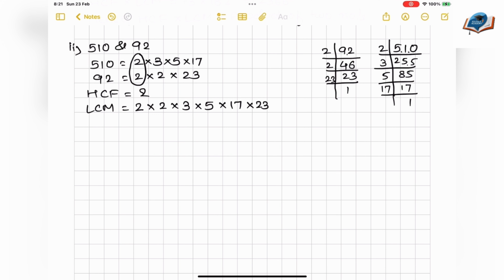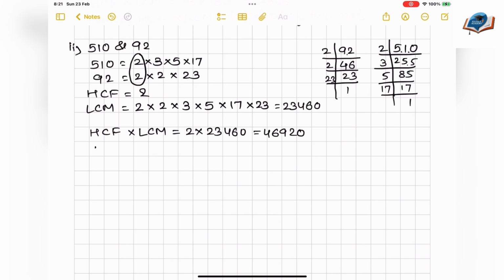So LCM will come as 23460. Now, if I check LCM into HCF, it will be 2 into 23460, so that will be 46920.